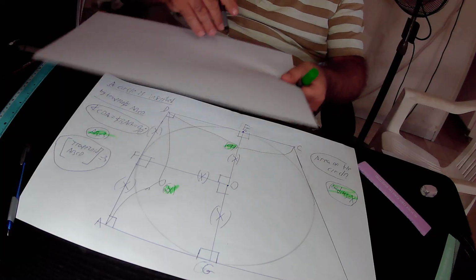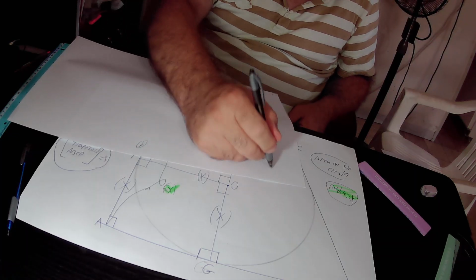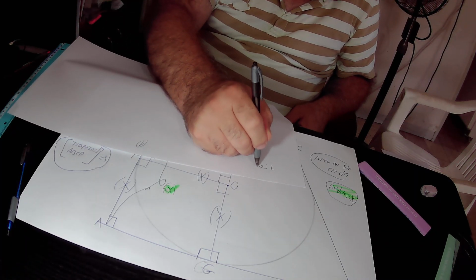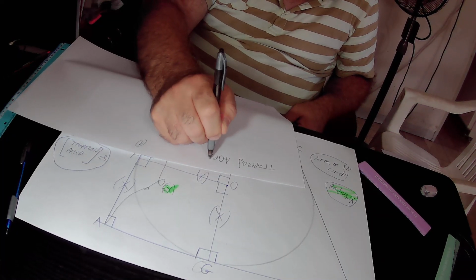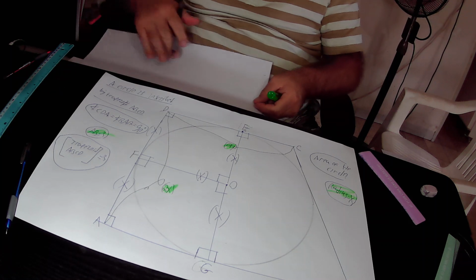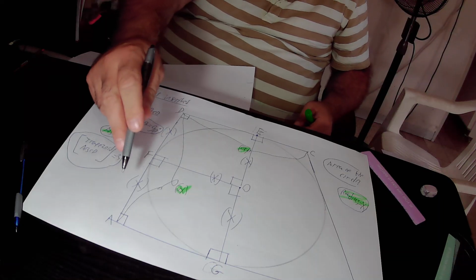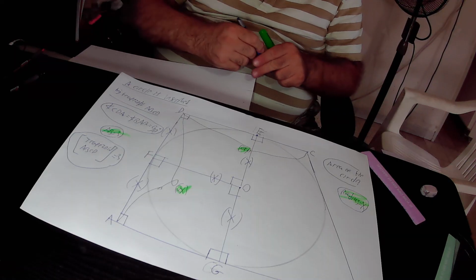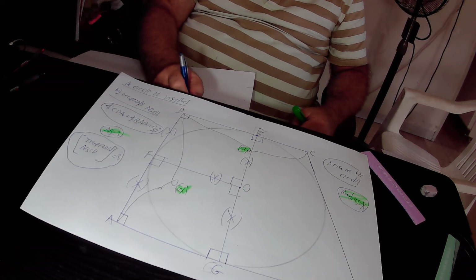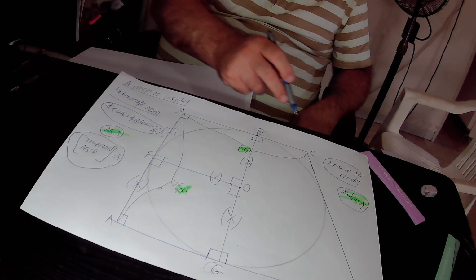So in trapezoid ABCD, side DA plus the opposite side CB is equal to side DC plus the opposite side AB.